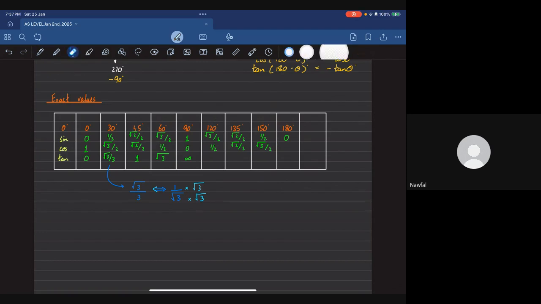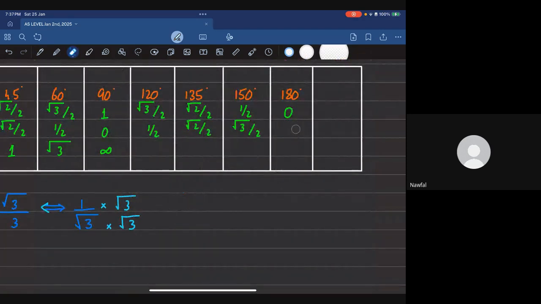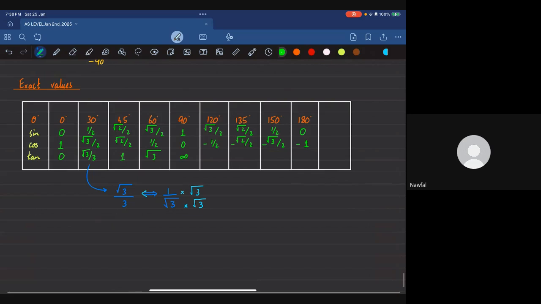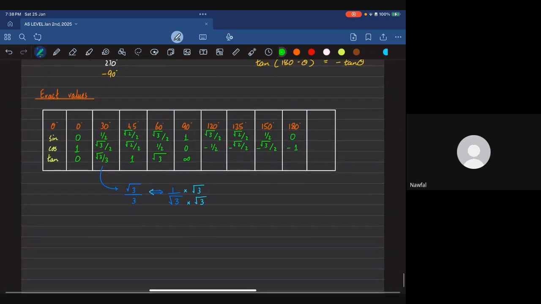But the most major difference this time around is going to be negative 1 over 2, negative under root 3 over 2, negative. Clear? And lastly, you're going to have tan as well. It's a wave, nonetheless.